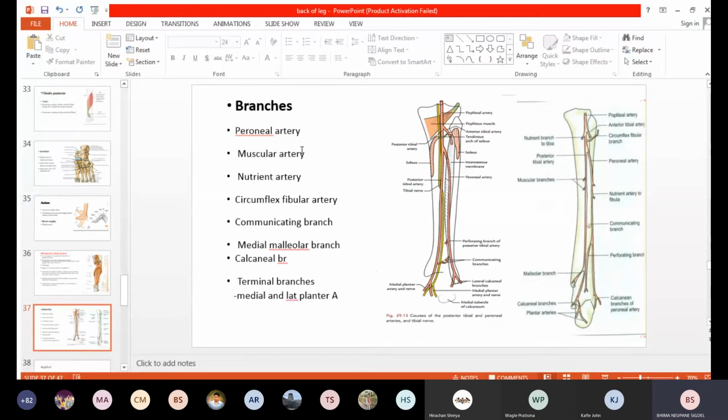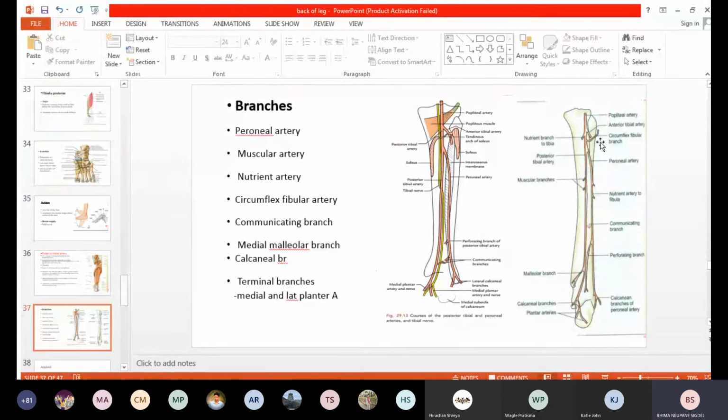After that are the muscular branches to supply the muscles of the posterior compartment. After that, the nutrient branches, which basically supply the bone. There is a foramen called the nutrient foramen in the bone, and they enter by the nutrient foramen of the tibia.